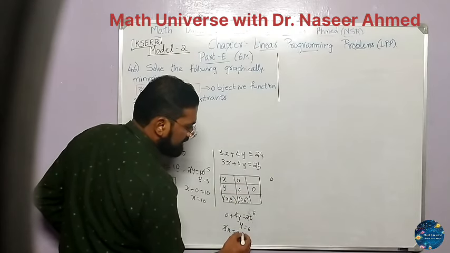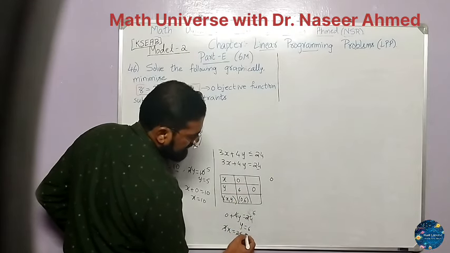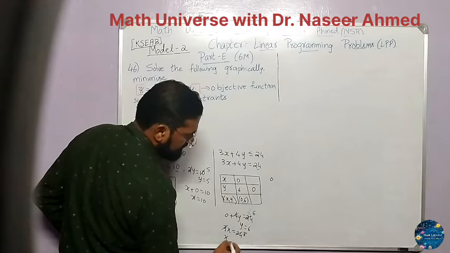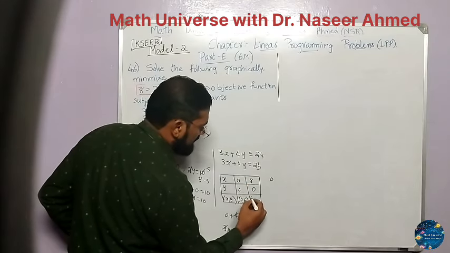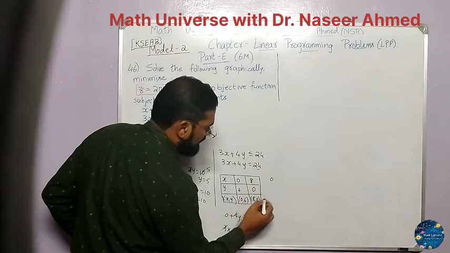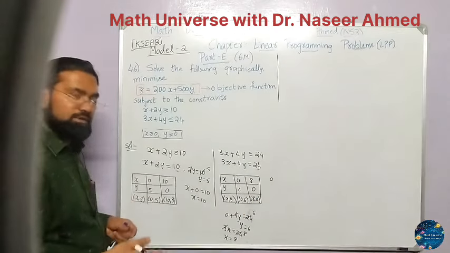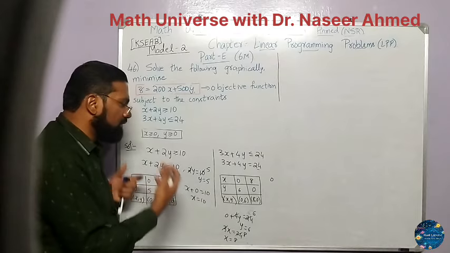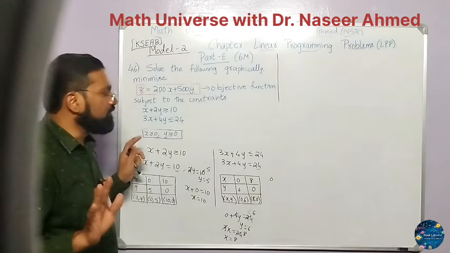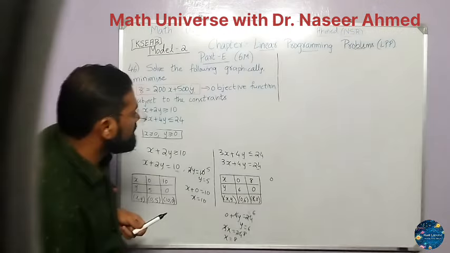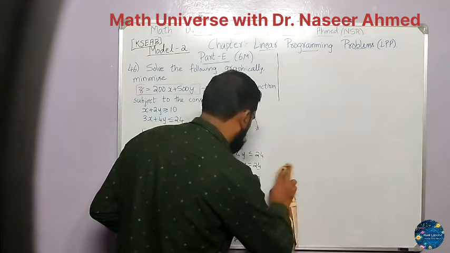So 3 eights are 24. I just took a table this time, so in case you have a doubt, why not a table? Yes, for this you have to use a table, the way the previous problem we did was left to you. Okay, no one is going to have any objection to that.